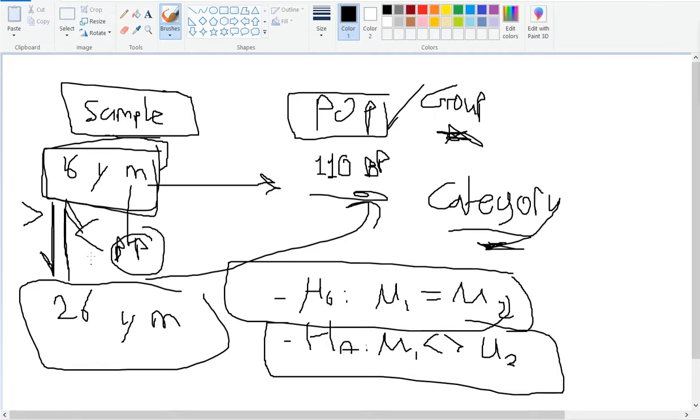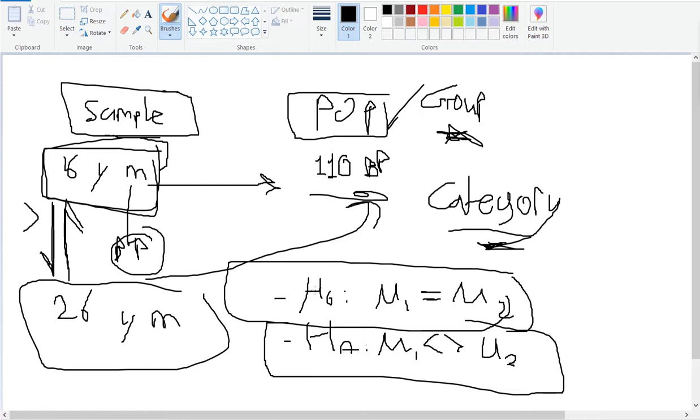So you're just comparing them. Here we wrote the null hypothesis as the same, and the alternative as not the same.